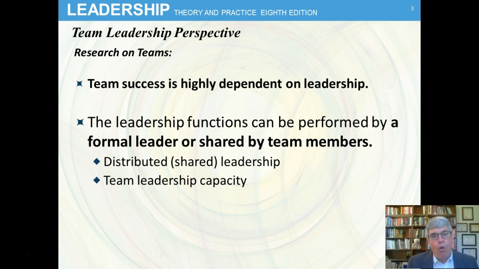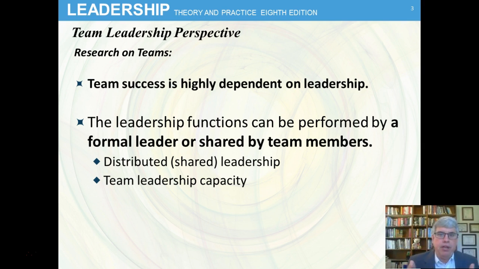Or you can have a formal leader, but the individual team members can also function as leadership. So this means that you can have distributed or shared leadership in a team. And that's what this theory focuses on, because that brings out some of the wonderful strengths of a team that can make teamwork more effective than individual work.